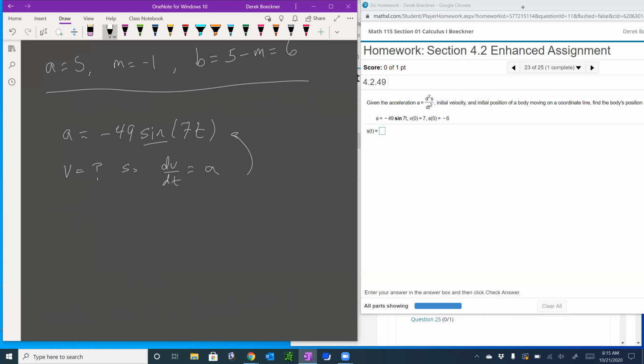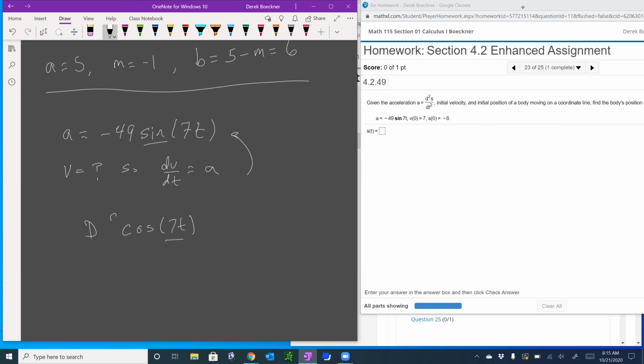I'm going to start with a cosine function. And if I think about how the chain rule works, what's supposed to go inside the cosine function here? 7t. Okay, if I take the derivative of the cosine of 7t, what do I end up with?